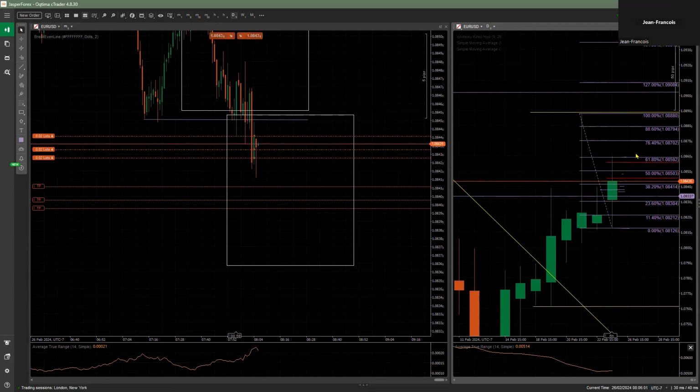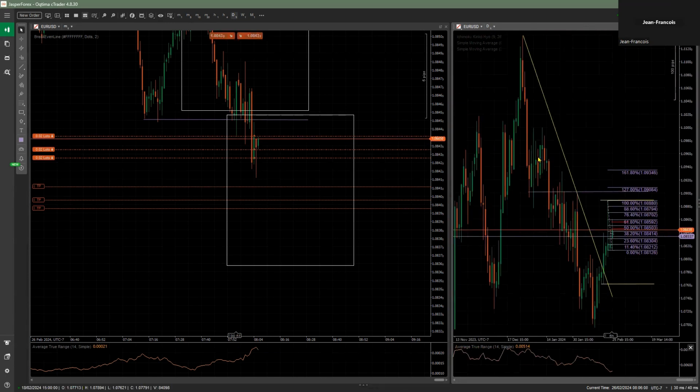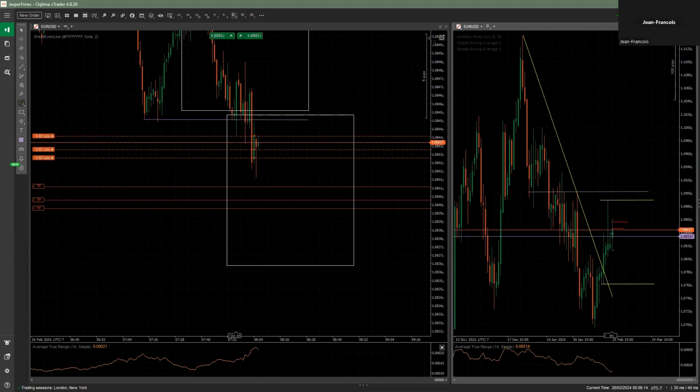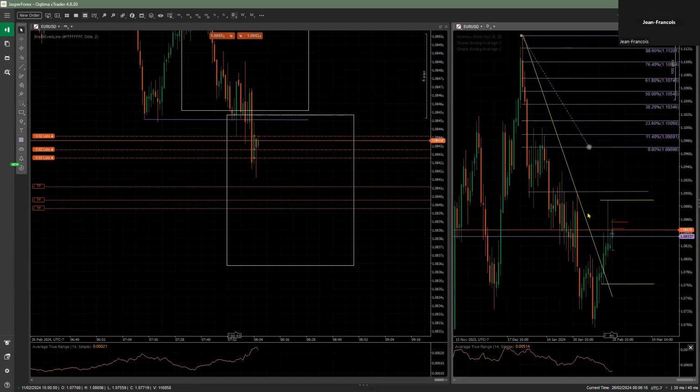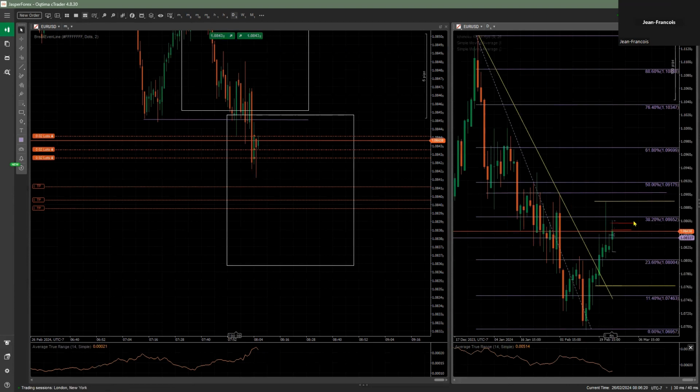Right, so 61%, we would expect a little bit of a pullback. If we look at the even bigger picture, remove this and put it on here, it's probably near the 38% still. There's the 38%. Right, so there's a lot of resistance up above.